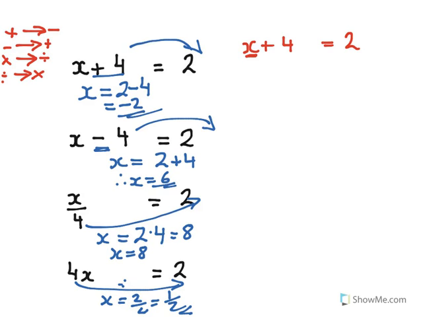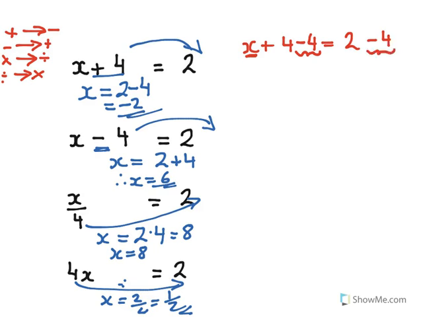And we're allowed to do whatever we want to the equal sign as long as we do the same thing to both sides. So the easiest way to get rid of this 4 is to subtract 4 from this side of the equals. If I subtract 4 here, I actually get rid of the 4 because 4 minus 4 is 0.